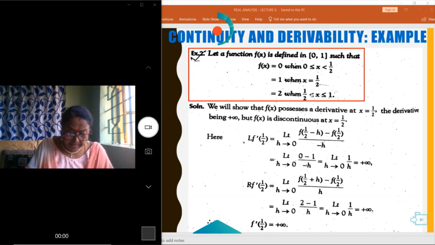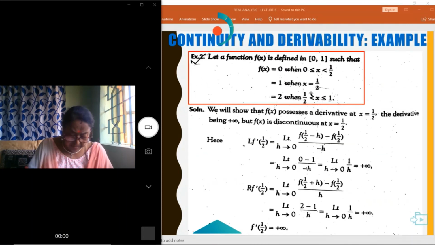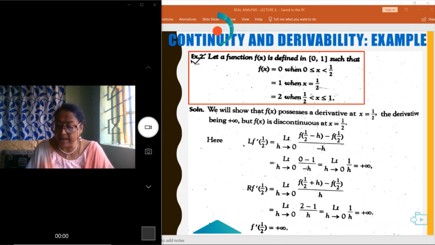Since it is less than 0, we take the function as minus root x, and after putting the value, we get plus infinity. And the right hand f'(0) is f(0 plus h) minus f(0) by h, where we take the function as root x, and putting the values as h tends to 0, we get plus infinity.